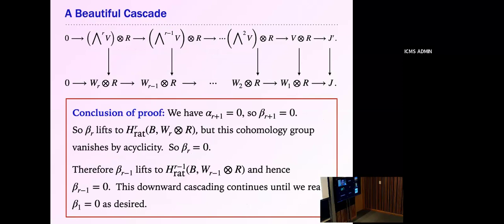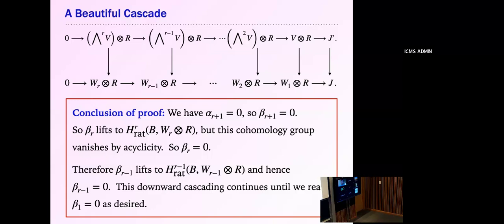But this is 0. This is an acyclic homology group. So if something lifts to 0, then it was 0, right? The only thing that lifts to 0, you push forward 0, you get 0. So something lifts to 0, it was 0. So beta R is 0. But what was beta R? Beta R is the obstruction of beta R minus 1 lifting to this cohomology group, H^(R-1) of W_(R-1).